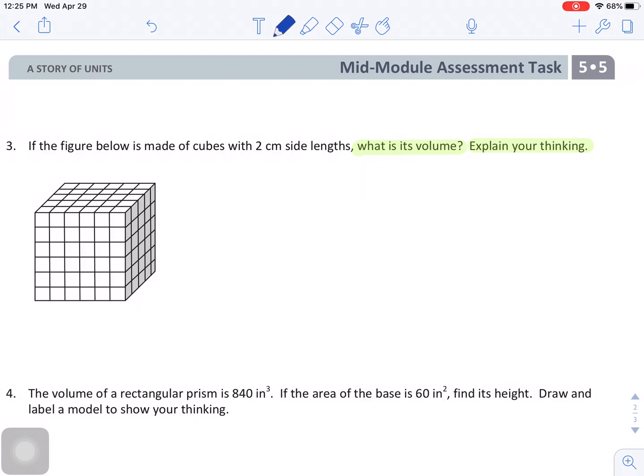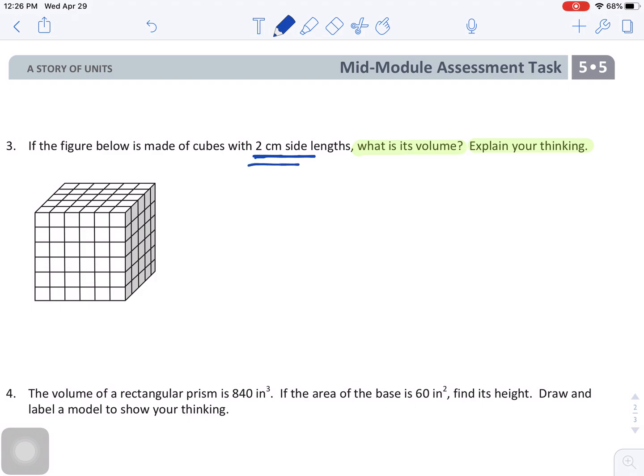Now there's another important bit of information here that can be overlooked, and that is this object is made of cubes with 2 centimeter side lengths.